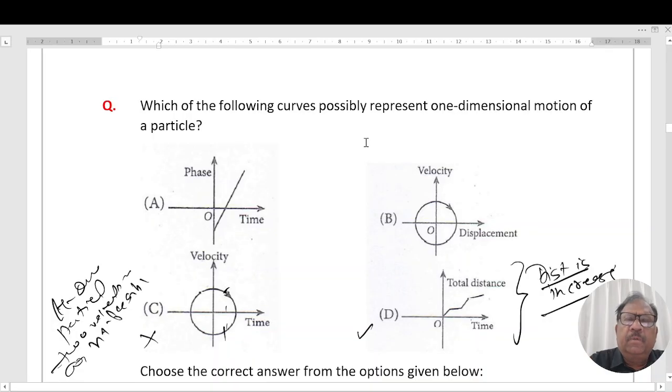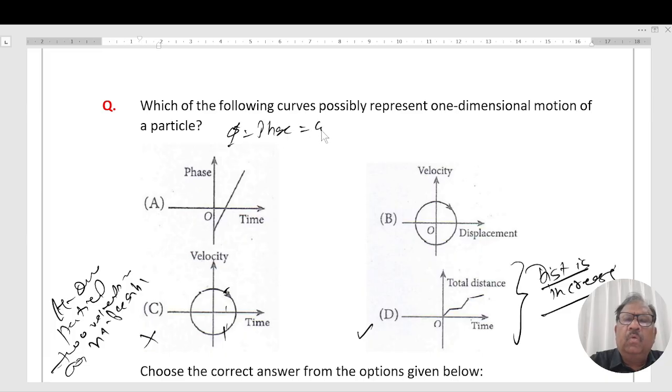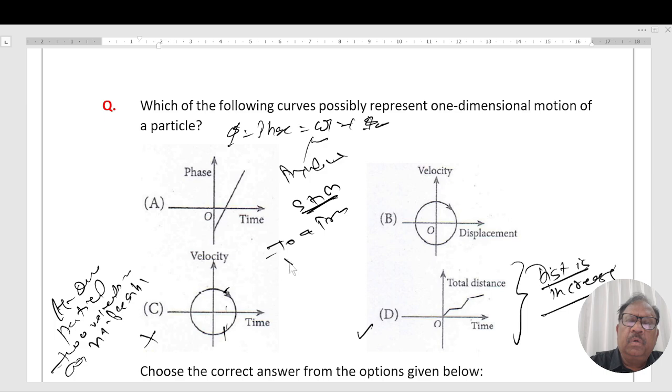And in this case, simple harmonic motion is given by phase phi equal to omega t plus initial phase phi naught. Omega is the angular velocity in case of SHM. SHM means one dimensional to and fro motion, like a horizontal spring.